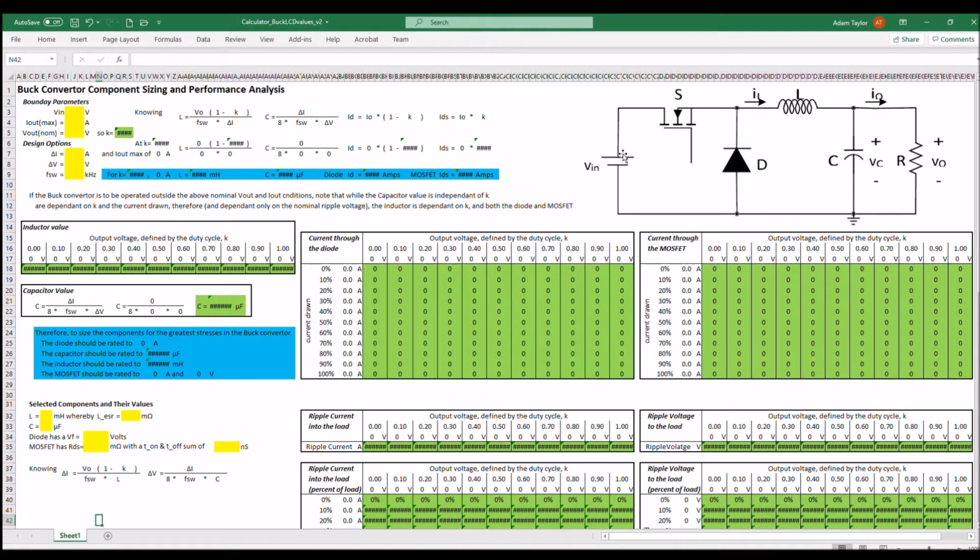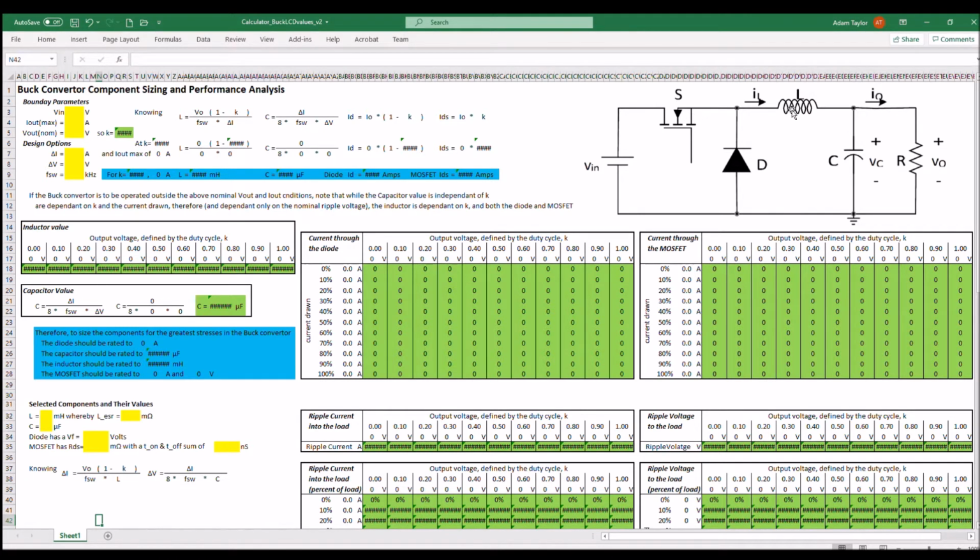The current carrying path in the buck converter comes up through the MOSFET, so we want the resistance between the drain and the source of the MOSFET to be as low as possible, so we're not going to have unnecessary losses. Similarly, the inductors are not perfect.